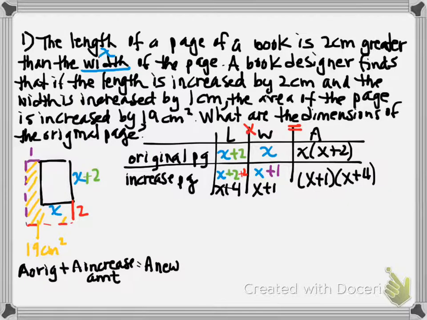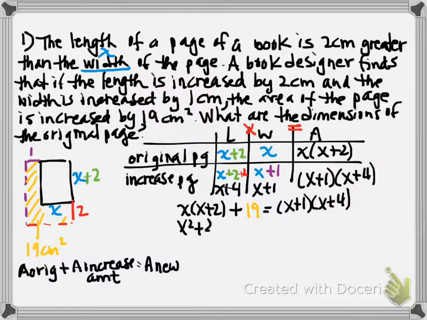So for us, the area of the original page is x times the quantity x plus 2, plus the area of the increase, that's where this 19 comes in, equals the area of the new guy. So we just start distributing and foiling and matrixing and whatever else way we want to do a double distribution. We get x squared plus 2x plus 19 equals x squared plus 4x plus x plus 4.